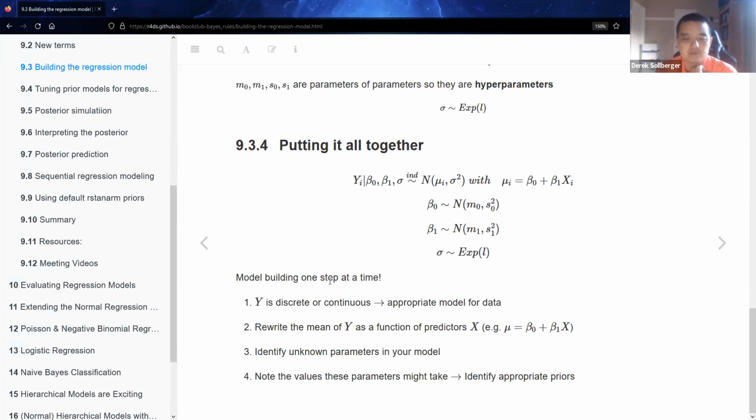As with previous chapters, we want to think about the model building process. Whether or not our response variable is discrete or continuous, we want to have an appropriate model for the data. We think of the average of the response coming from the predictors with the linear relationship.